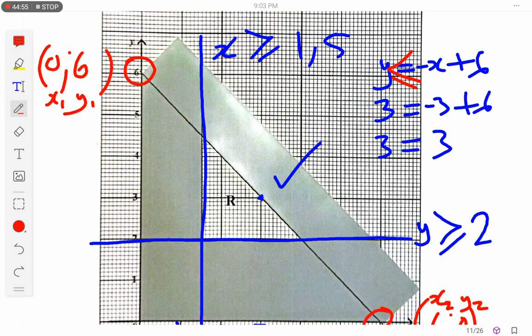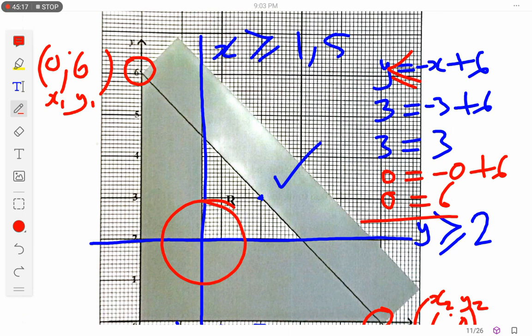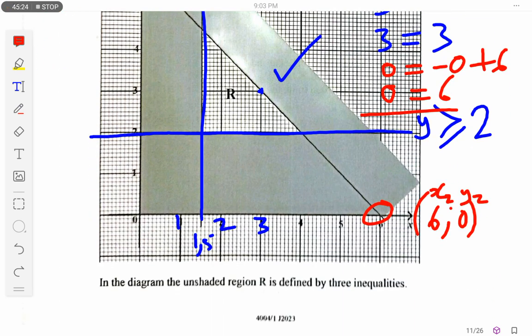Because if I take, for example, 0, 0, it will be 0 equals minus 0 plus 6, which is not balancing because I have 0 equals 6 there. It's not balanced. So it means this whole side here will be our region, the wanted region there.